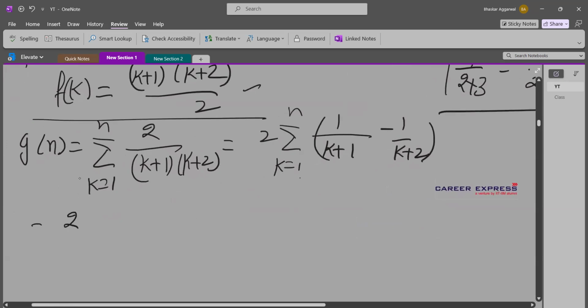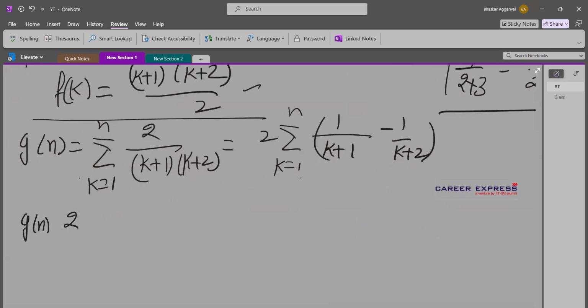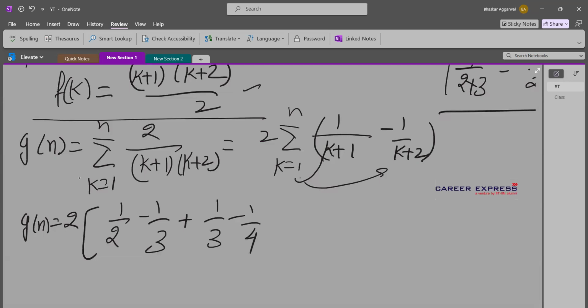So I can say gn will be 2 times 1 upon... I will replace k equal to 1 here and here. That will be my first step: 1 by 2 minus 1 by 3. Then k equal to 2, 1 by 3 minus 1 by 4.